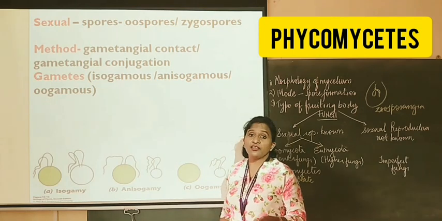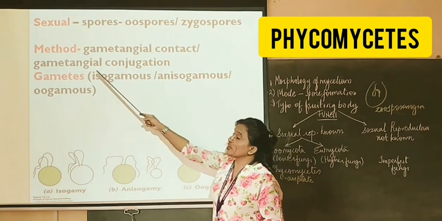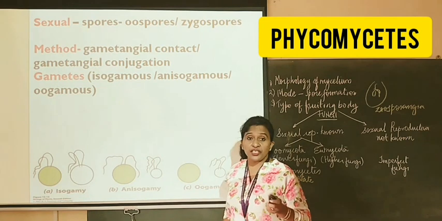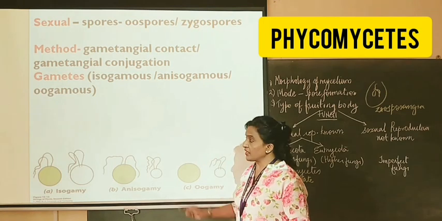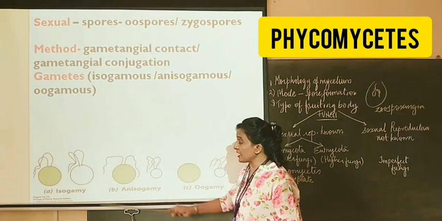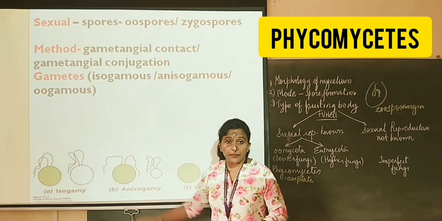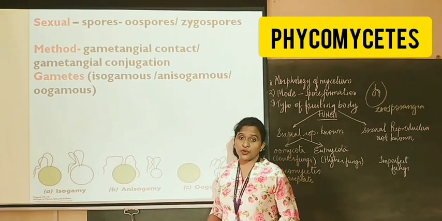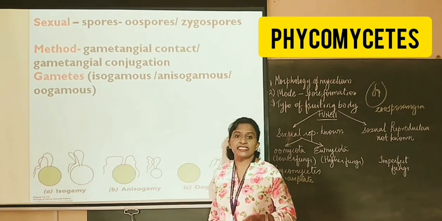So the method we have discussed is either gametangial contact, gametangial conjugation, copulation, or fusion of gametangia that we had seen. The gametes can be isogamous, which means both male and female gametes look similar morphologically, externally, with respect to their structure and size.